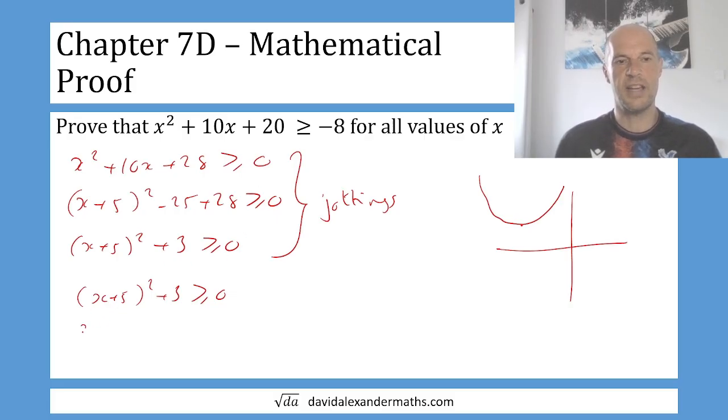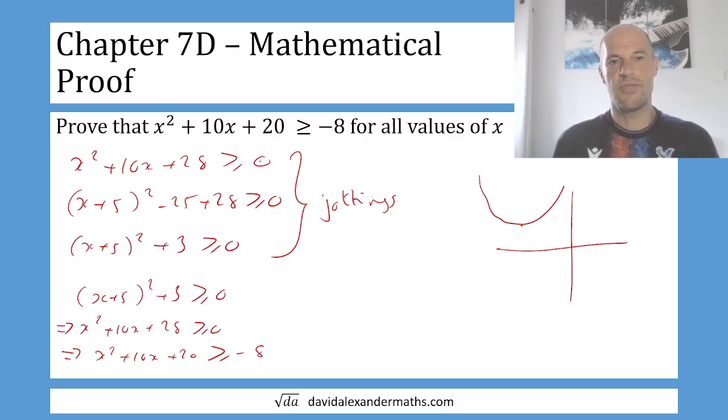Now, if I expand the brackets, that would imply, that's what this arrow means, x² + 10x + 25 + 3 + 28 is greater than or equal to 0. We've not done anything mathematically dodgy there. And therefore, that would imply that if all of this is greater than 0, then x² + 10x + 20 must be greater than or equal to −8.